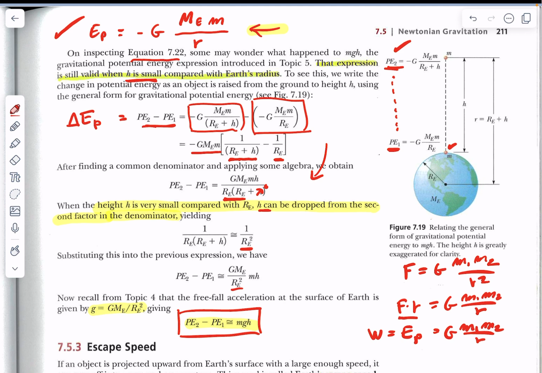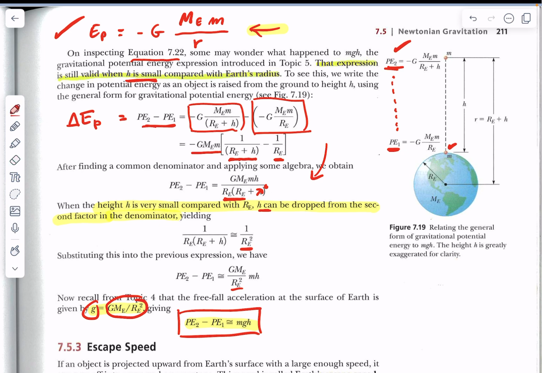Then, as we continue to simplify this equation, you might remember that g from earlier is this value right there. And where did we get this equation from? Well, I'm going to go ahead and erase all of this. And we're going to take the universal law of gravity again. F equals G times m1, m2 over the distance between them squared.